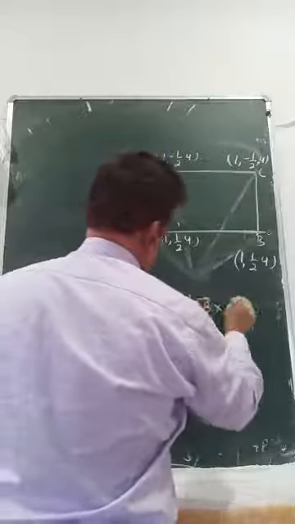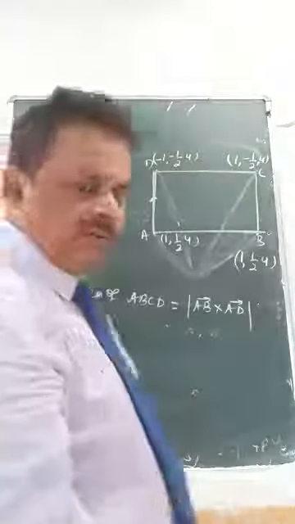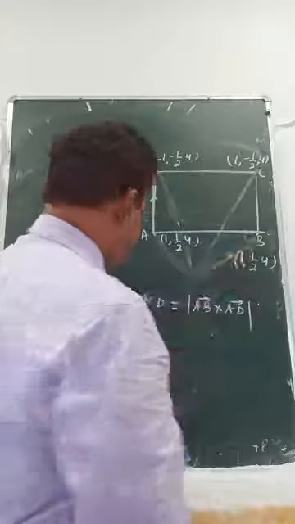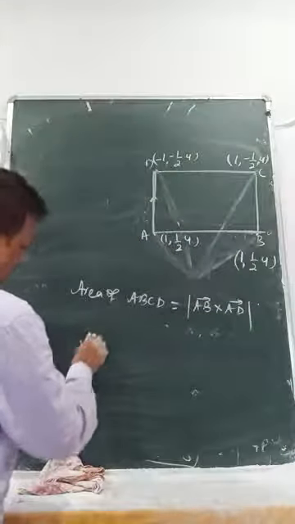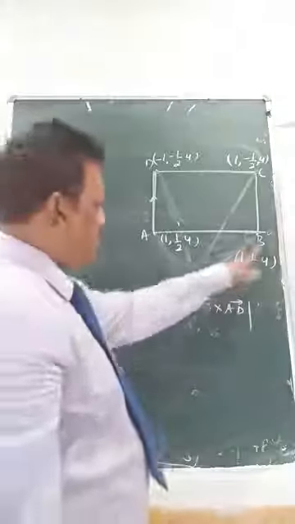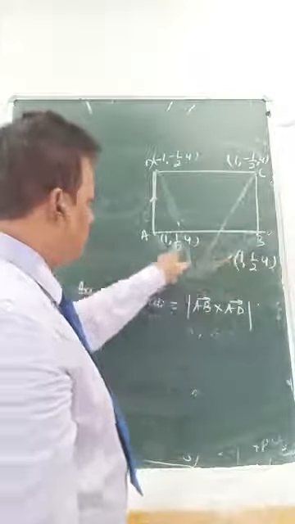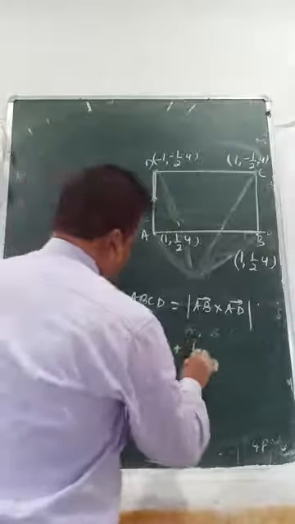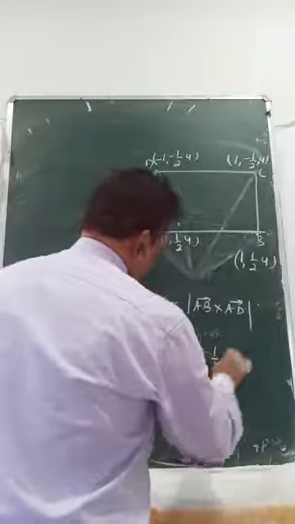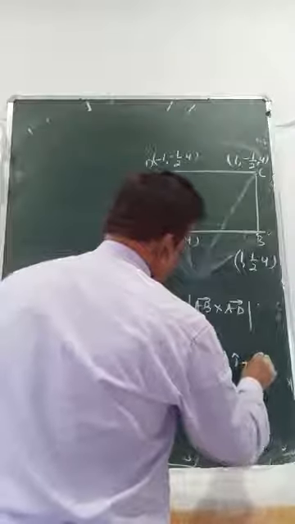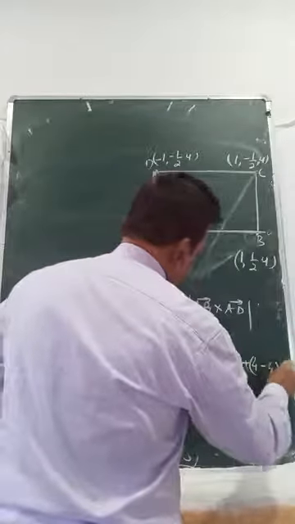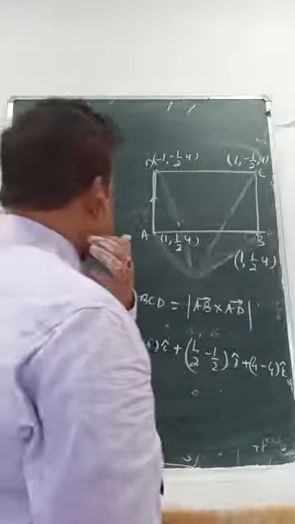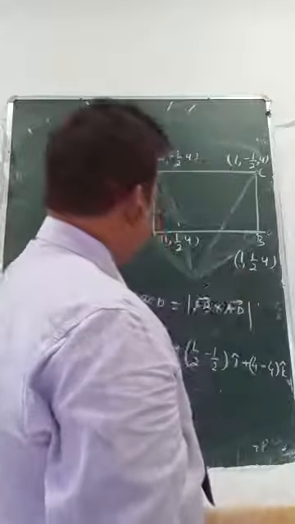This is what you want to do. How to find AB vector? I told you earlier, AB vector means terminal minus initial. I think some mistake we have done, it cannot be same.